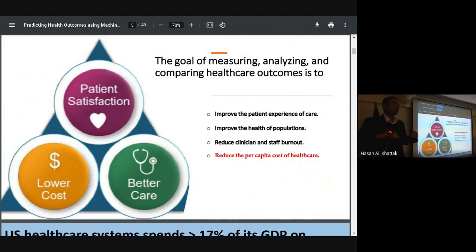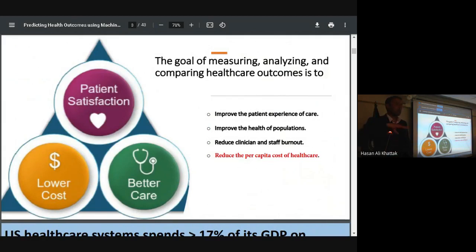Lowering the cost is in the interest of patients, doctors, hospitals, the public, and the federal government. So that's why I would like to elaborate further on the fourth point, reducing the per capita cost of healthcare. Let me show you some numbers.